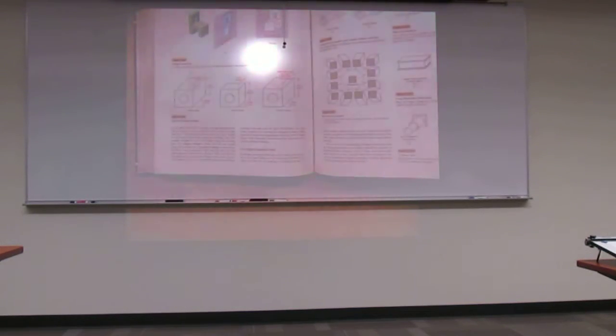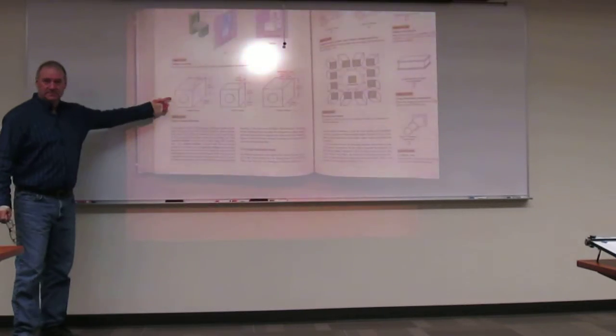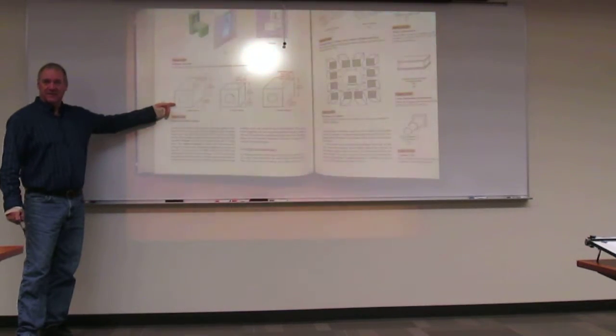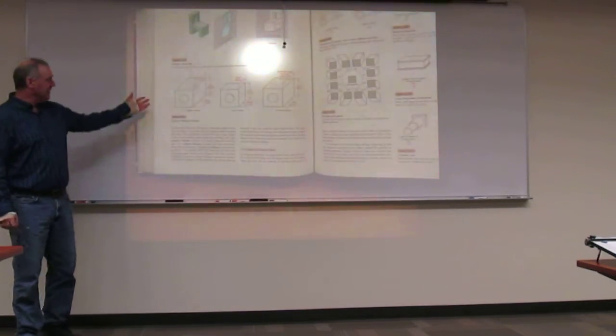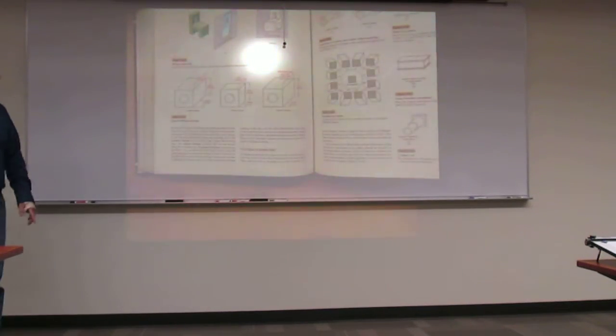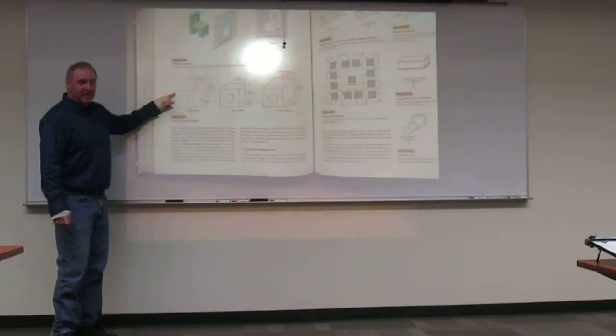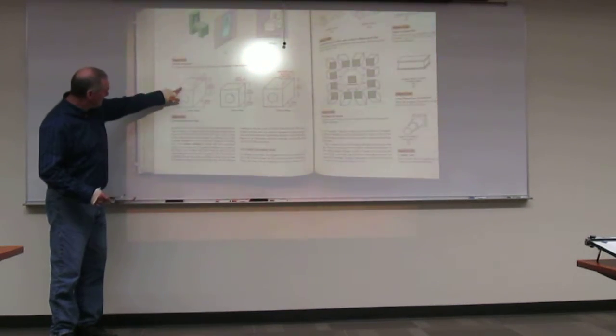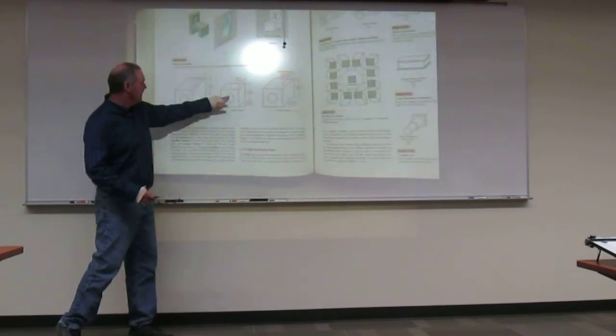Okay. Here they are. Now, in essence, what you're really going to be looking at for the most part is what they call the cavalier, because it's the easiest to do. Everything's full scale except for those receding axes. Okay, so the front side is true size and shape. And that's true on all these. If you look at this front view right here, it's the same in here, here, and here.